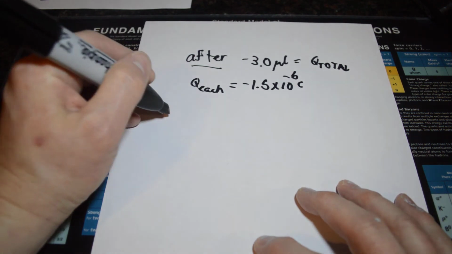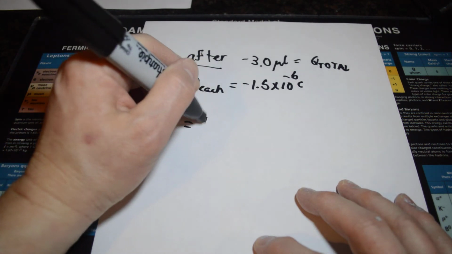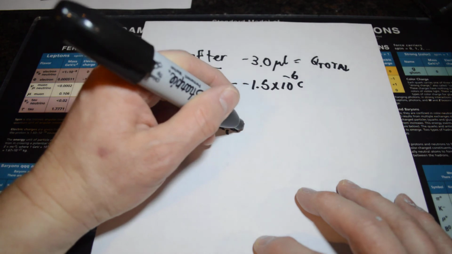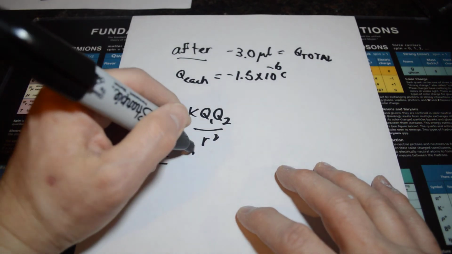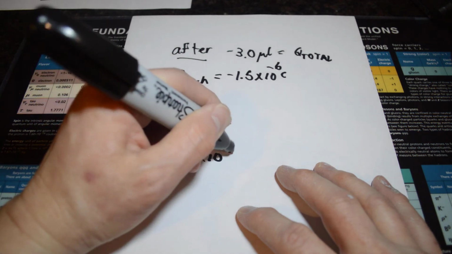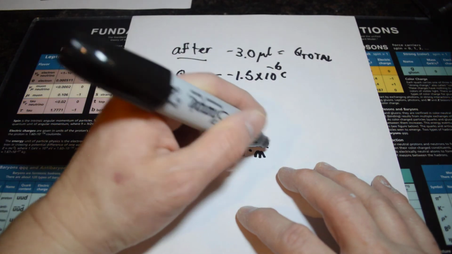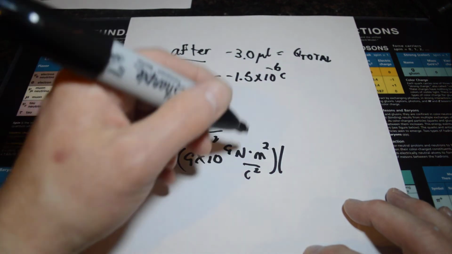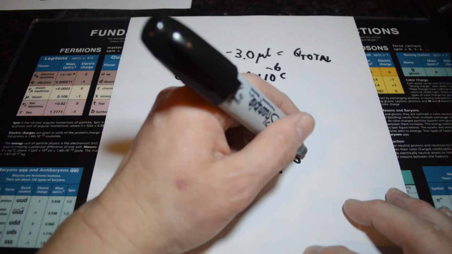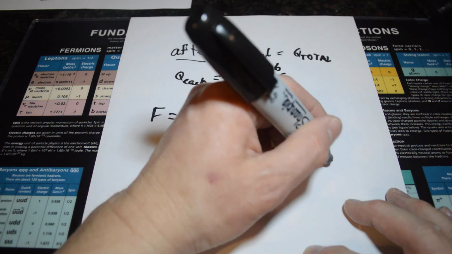So if we do that and we find what is the force now, if we do K, Q1, Q2 over R squared, Coulomb's law, let's put in the numbers. We've got 9 times 10 to the 9th. Again, put in those units. You probably should get used to making sure that you do the cancellation, but you're going to have 1.5 times 10 to the negative 6th.